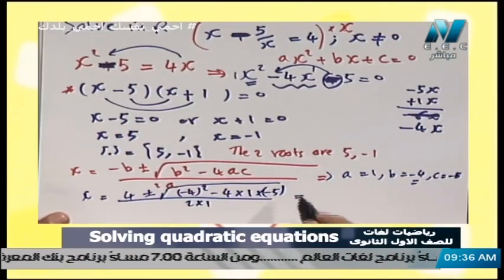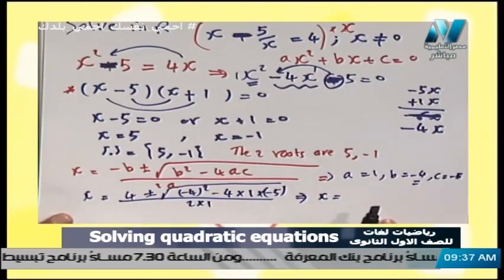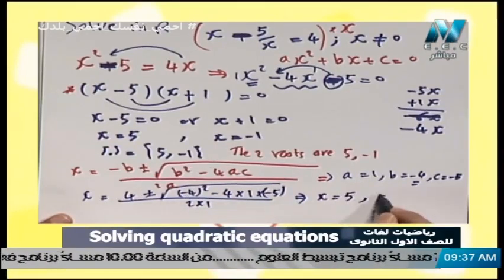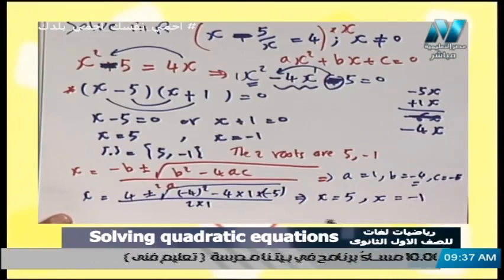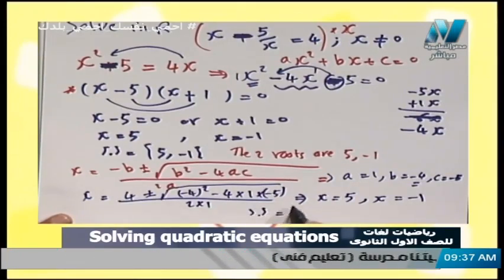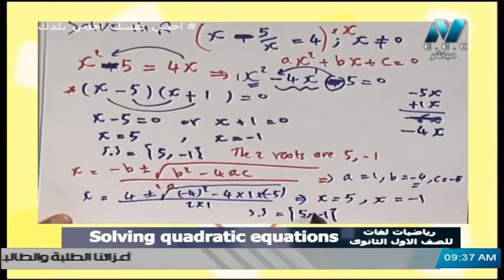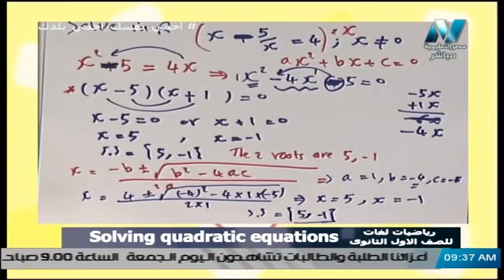So the x here by using plus will be 5, and by using minus x equals negative 1, and so solution set here equals 5 and negative 1, or the two roots are 5 and negative 1.